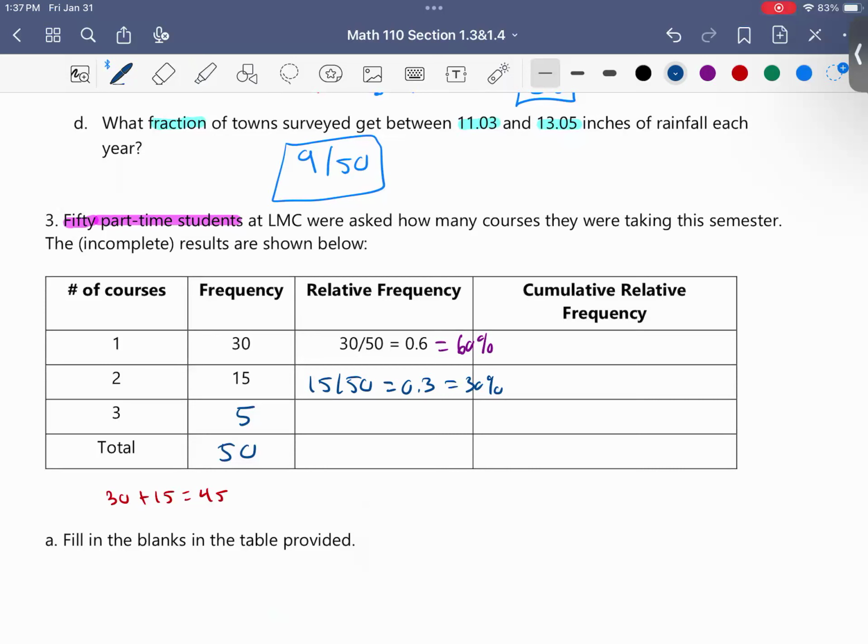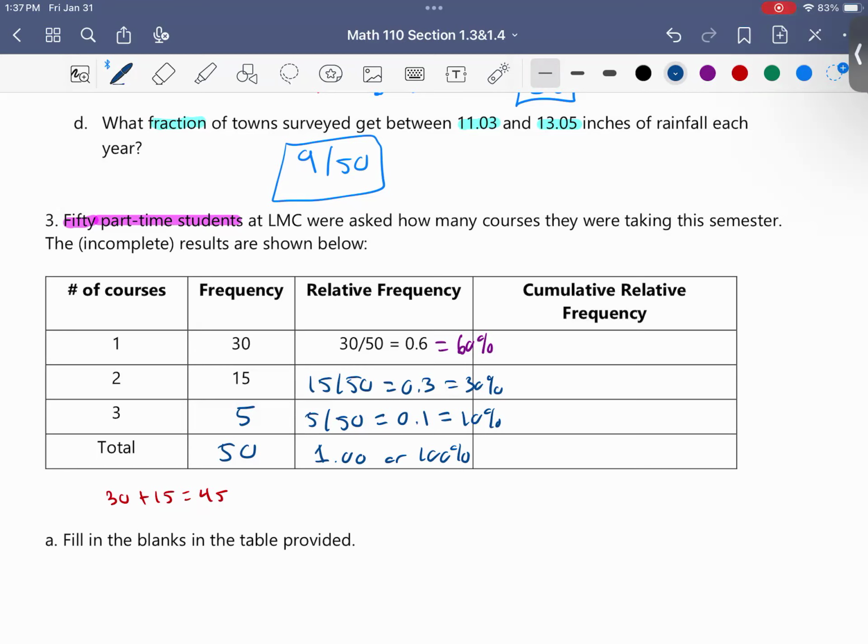And for the last row, we're going to have 5 over 50, which is 0.1, which is just 10%. And if you add all of these up, you would get essentially 1.00 or 100%.